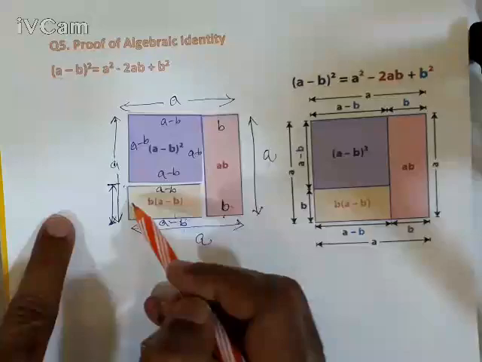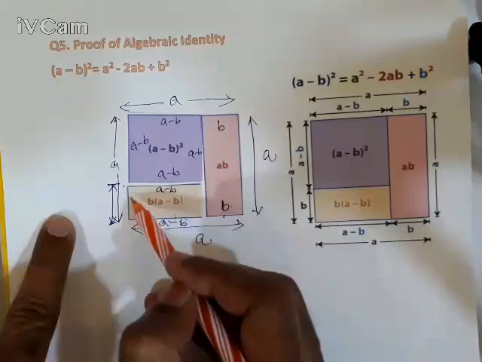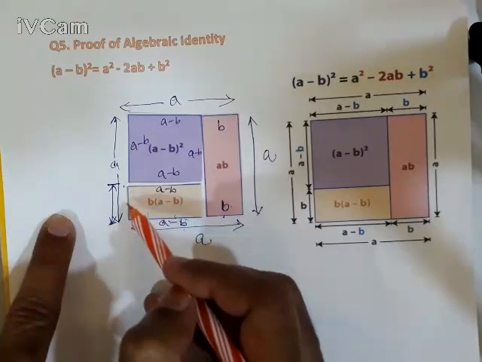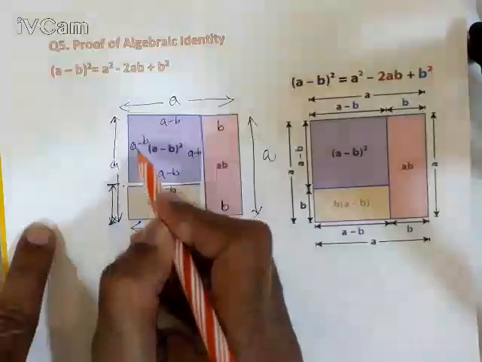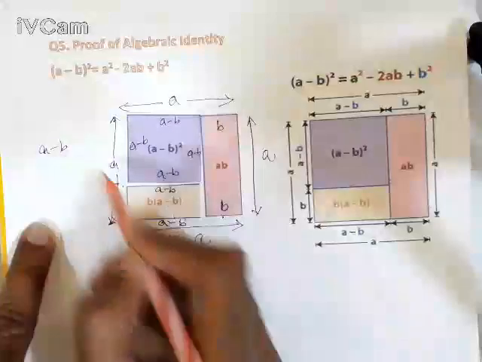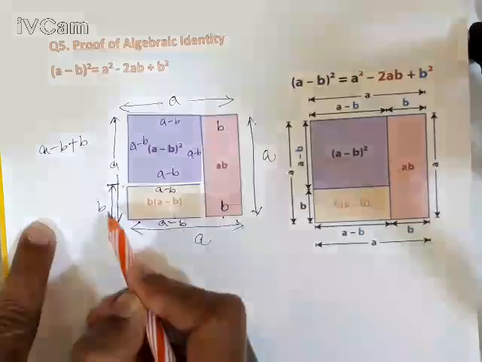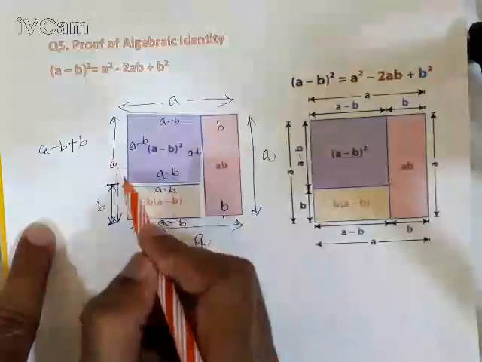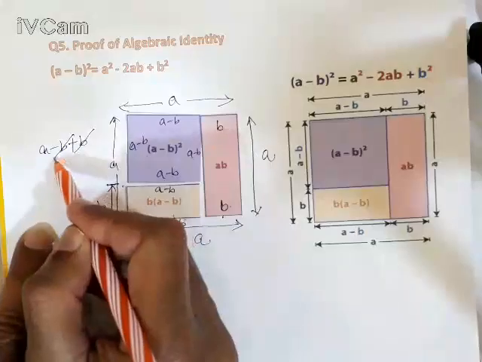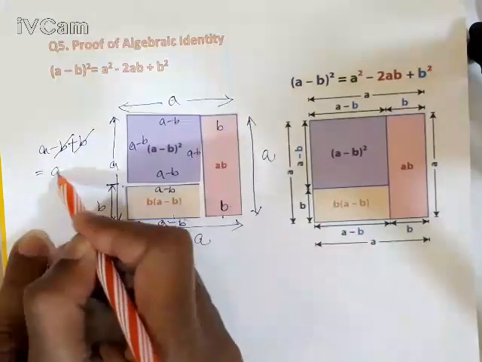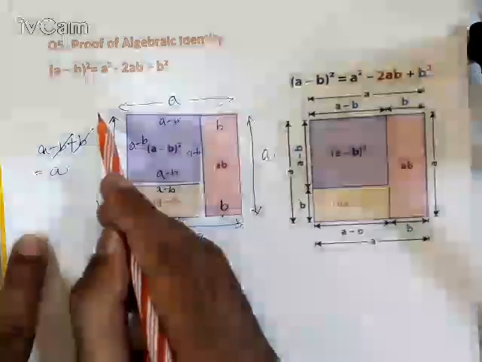Now obviously if this side is b, and when we add this smaller side of the rectangle with this side of the square, which is a minus b, and when you cancel these two, it is obviously a. So that means the complete length of this square is a.